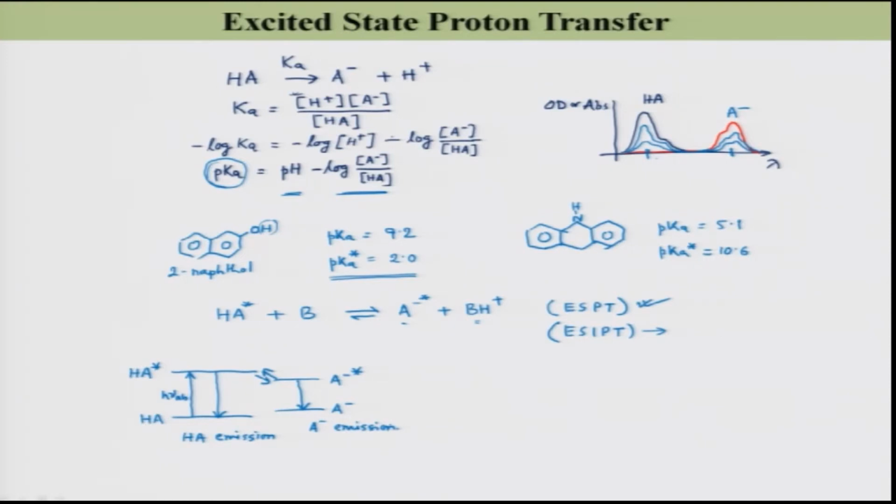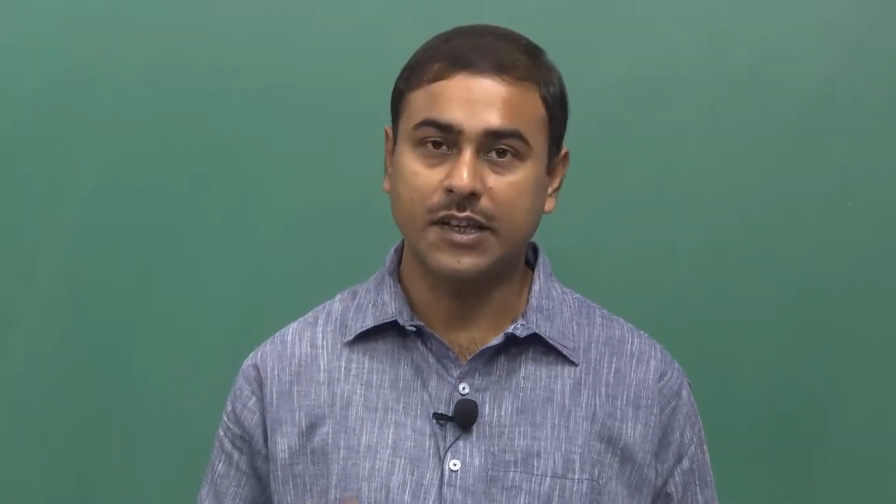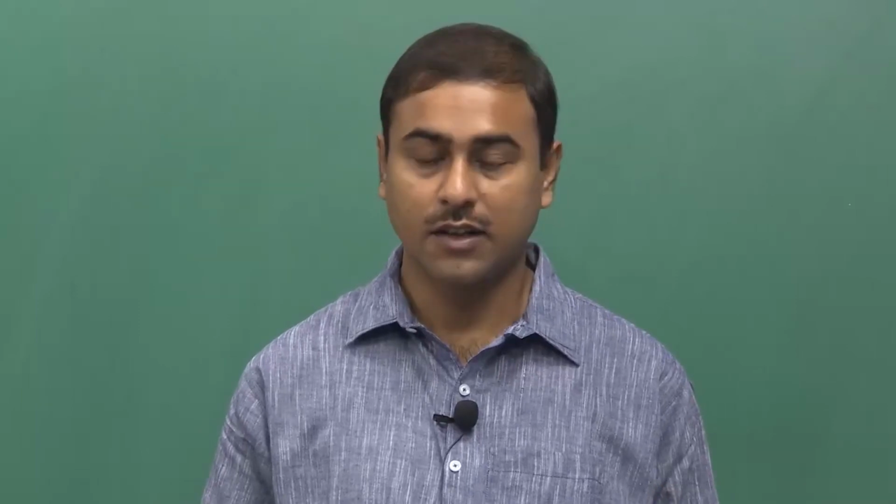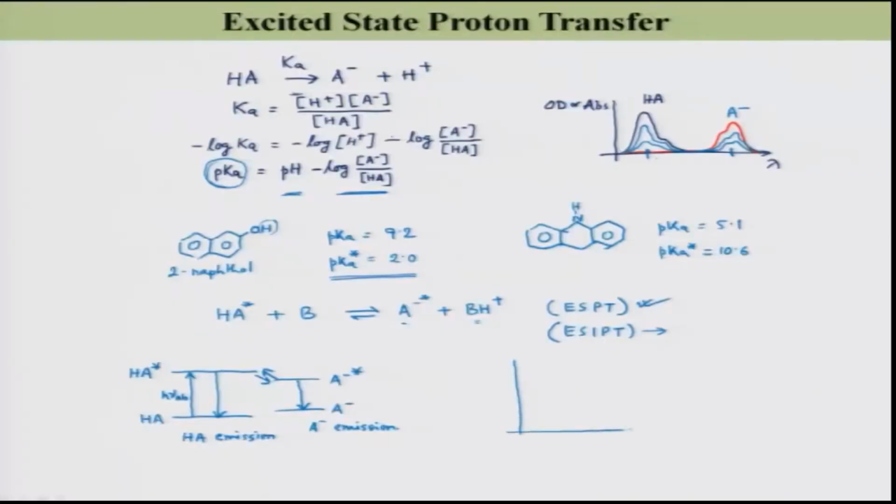In the experiment, you are not going to record the absorption spectra, because absorption is a ground state phenomenon. Here you are going to record the fluorescence or emission spectra, because emission is an excited state phenomenon. Let me draw a typical emission spectrum of such a molecule.